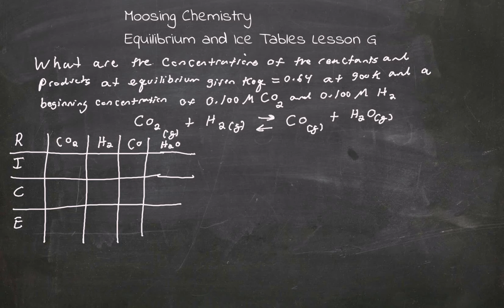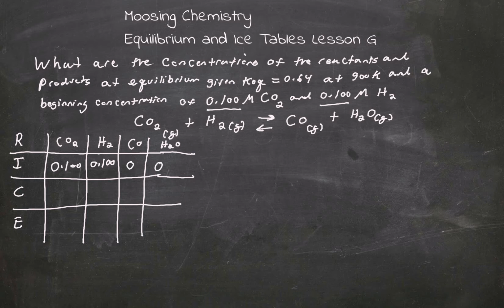The initial concentration for carbon dioxide and hydrogen was given at 0.1 and 0.1. So we're going to go 0.100, 0.100. Our initial concentration of carbon monoxide and water vapor is 0 because we haven't made it yet.